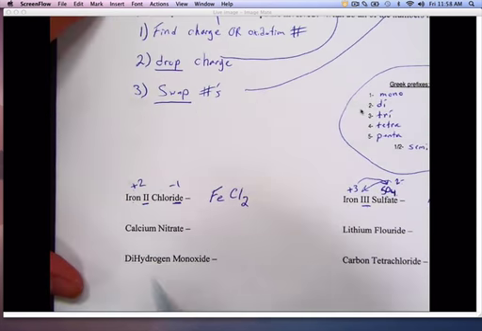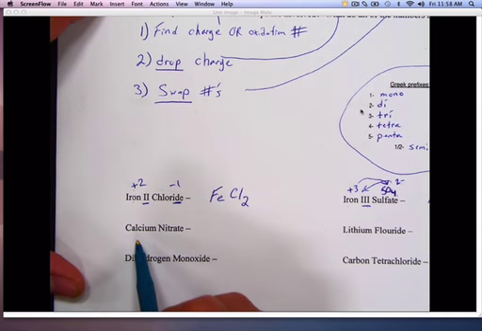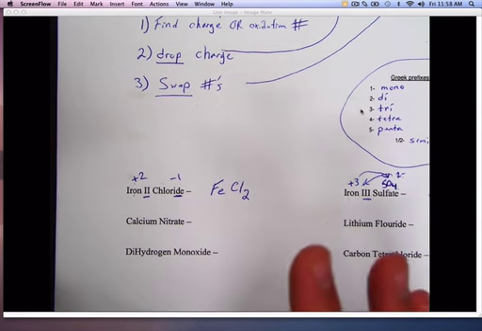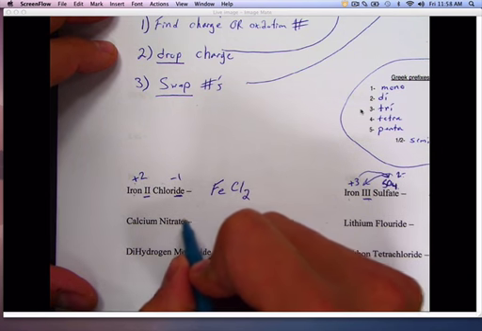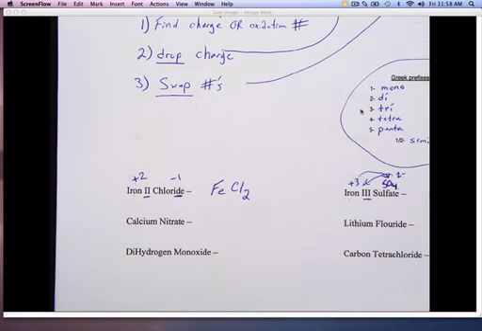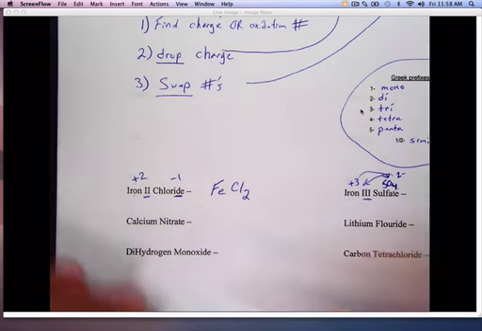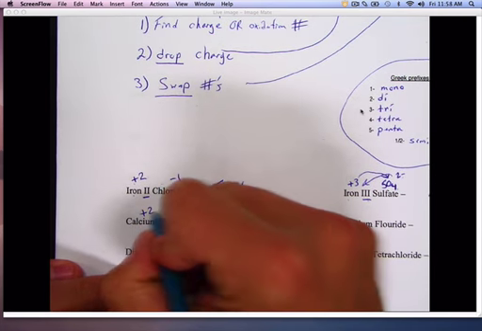Let's go with another one, calcium nitrate. Calcium is not a transition metal, so it doesn't need a Roman numeral. All right, so calcium, I know it's Ca by looking at the periodic table, so make sure you guys are looking at the periodic table when I go through this stuff. Calcium's in the second group, so that means it's going to make a +2.